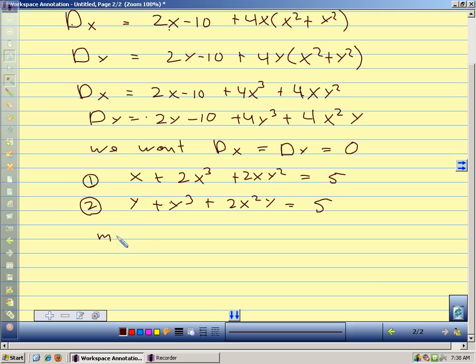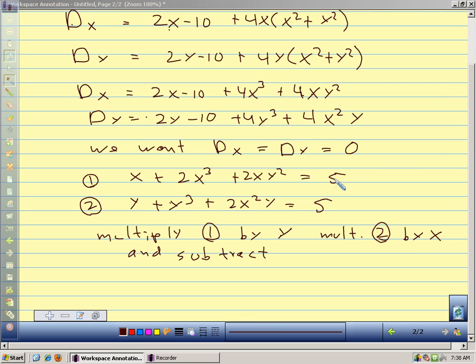I'm going to multiply 1 by y, multiply 2 by x, and subtract. If I multiply 1 by y and 2 by x, we end up with all the same terms, except we have a 5y here and a 5x here.